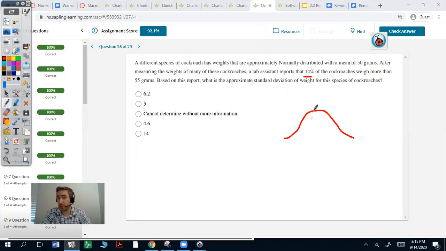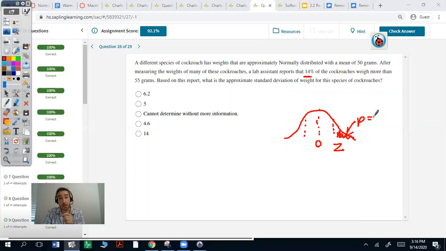So I don't know the standard deviation. So we have to do z-score stuff first, okay? Let's pretend our percentile is more than 14%. That's going to be somewhere over here. What is z when that proportion is 14% or more?